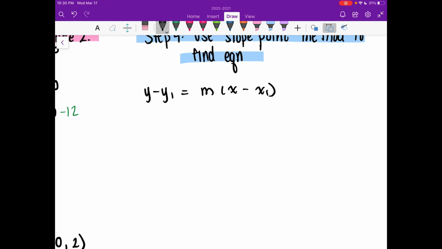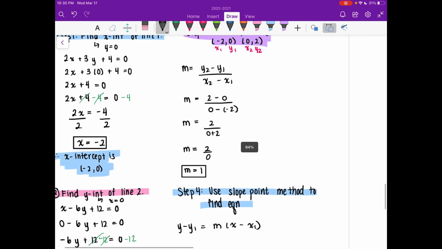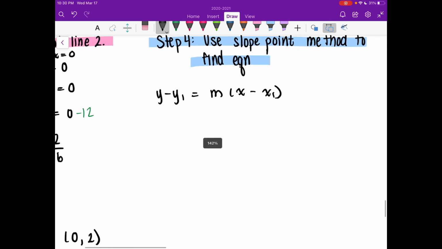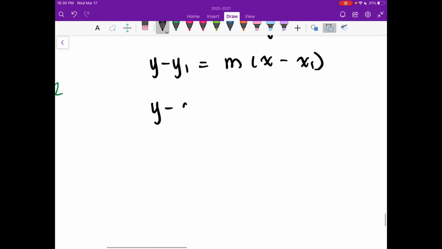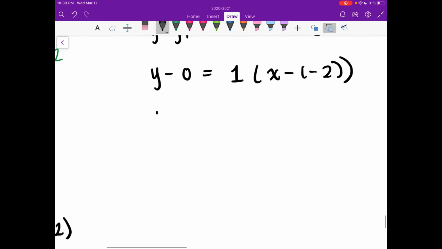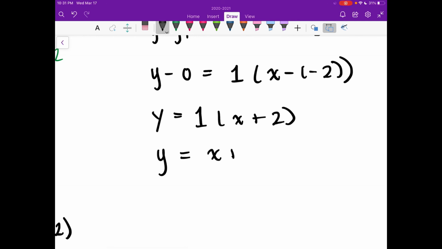We're just going to use 2 points on the graph. Let's use negative 2 and 0 here. So y1 is 0, equals m, which we said was just 1, times x minus negative 2. So y equals 1x plus 2, y equals x plus 2. And that's the equation of my line.